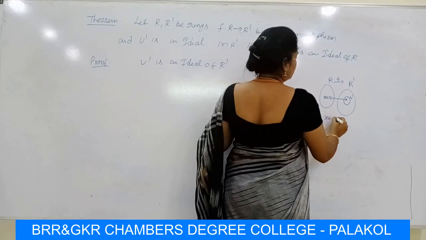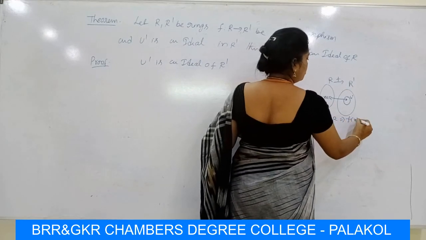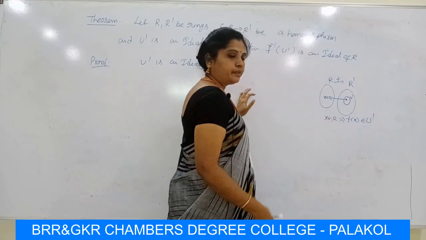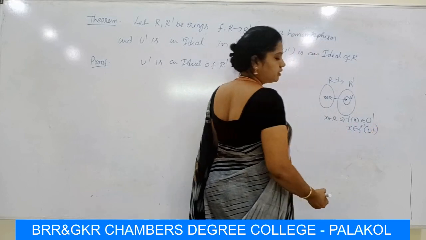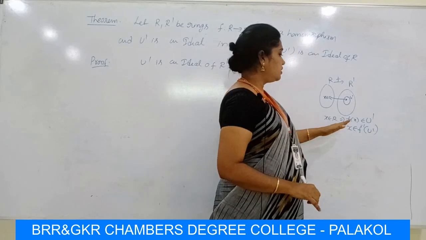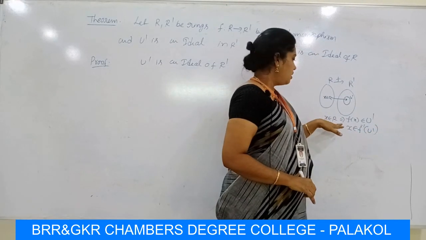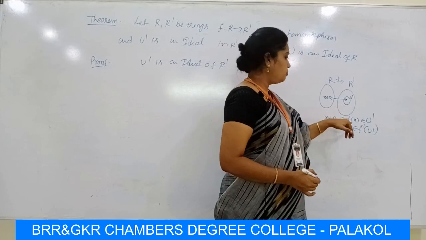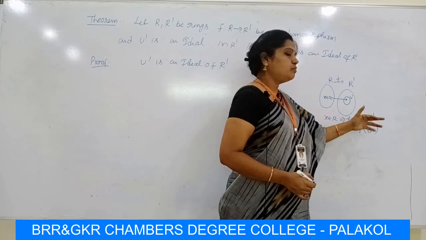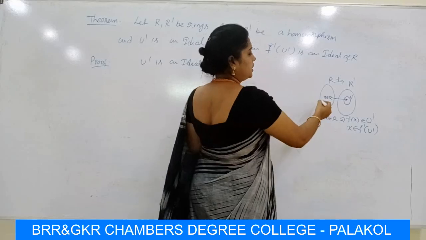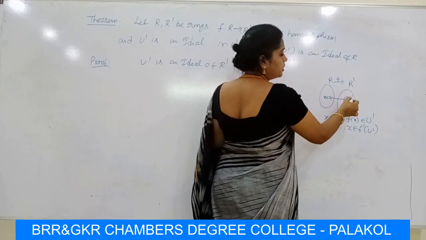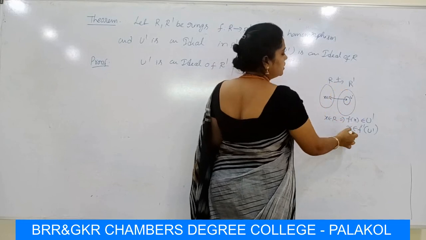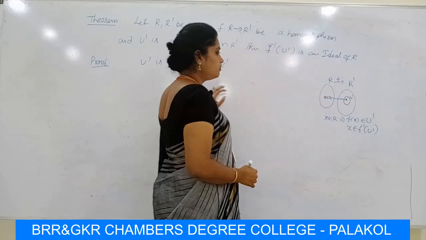Then x belongs to R and f of x belongs to U dash implies x belongs to f inverse of U dash. So f inverse of U dash contains the elements of R for which f of x belongs to U dash. If we take any element x in R, and its image f of x belongs to U dash, then x belongs to f inverse of U dash.